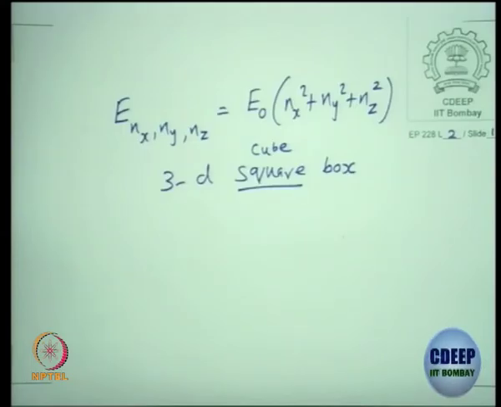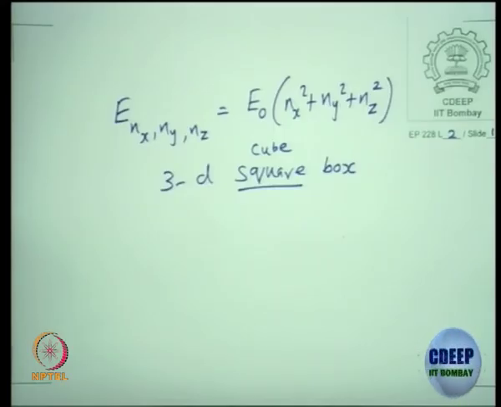This is the 3D box, square box, or I should technically call it a cube. Okay. Is that okay? So E of nx, ny and nz is nx squared plus ny squared plus nz squared for a 3D square box.